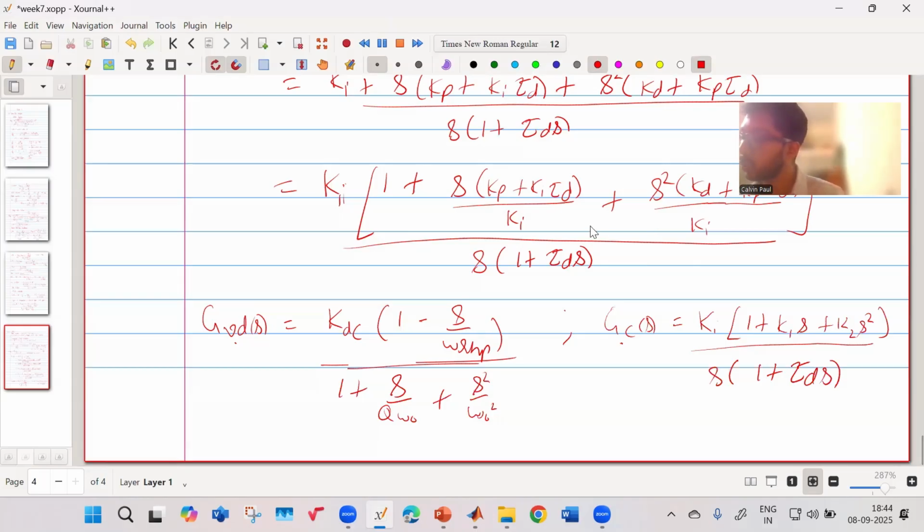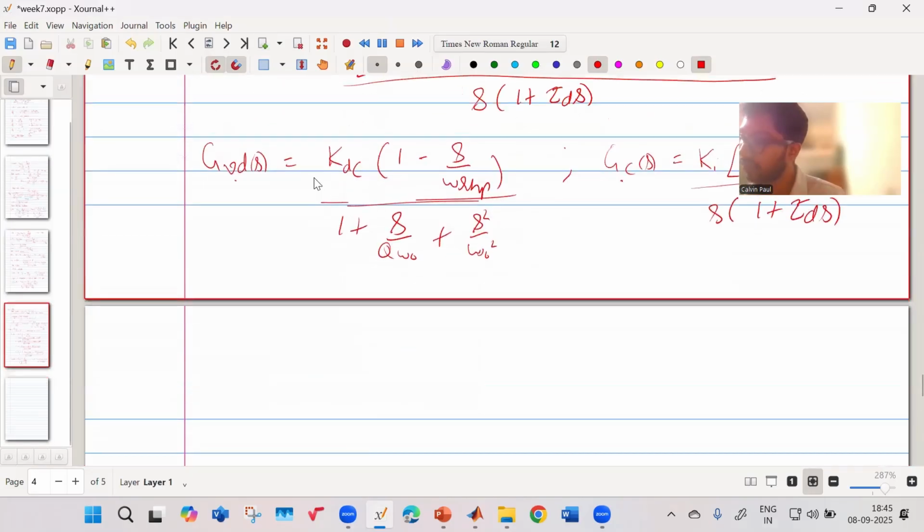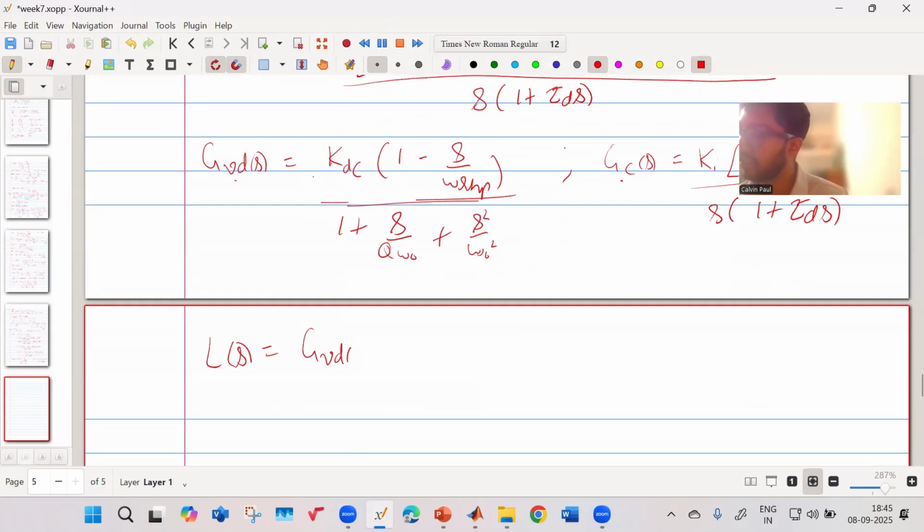So now we want to find the loop. Okay, so let us find the loop. Your loop transfer function is Gvd of s into Gc of s into your modulator gain Fm. And your Fm is what? 1 upon Vm. Okay.